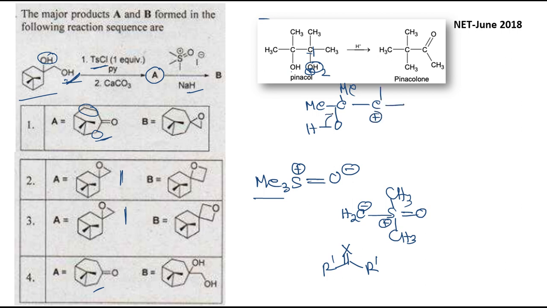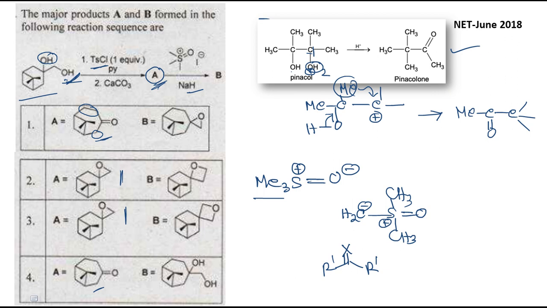So this C-H bond will be broken, one of the methyl groups will migrate. So this side you are getting Me, then C=O, and other side there are 3 methyl groups, which is basically this structure, pinacolone. So here also the mechanism is the same. That is how from the given substrate you can reach A. In our case it is formation of OTs, but whatever it is, the mechanism is similar. It is based on pinacol-pinacolone rearrangement, which involves a carbocation intermediate.